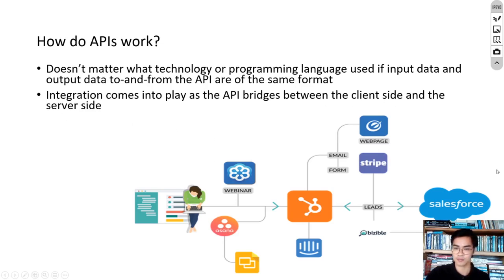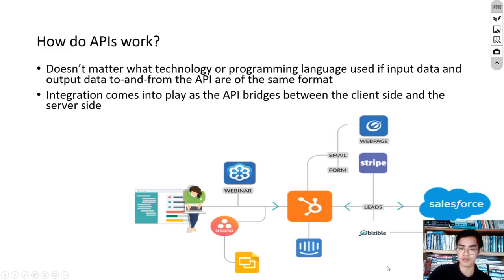So you have an example here of a working infrastructure of, for example, a company. You have different applications and systems here: Webinar, Asana, webpage, Stripe, Bizible, and Salesforce, which is a famous cloud-based enterprise resource system, for leads.